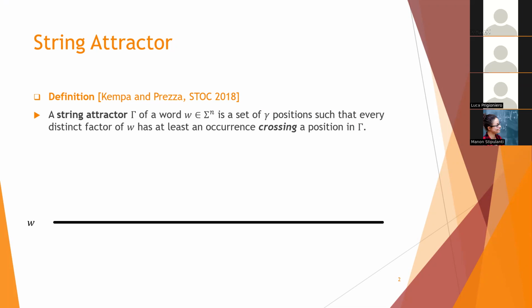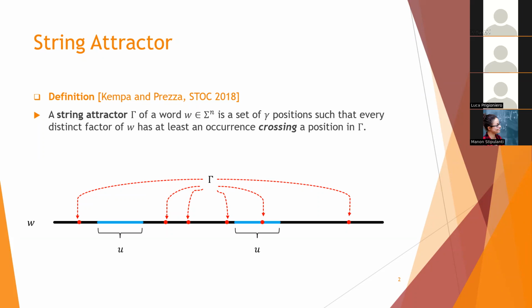So if this is our finite word W, and these are the positions marked in the set Γ, in order to be a string attractor, for each factor that does not cross a string attractor position, there must be at least one occurrence that does.